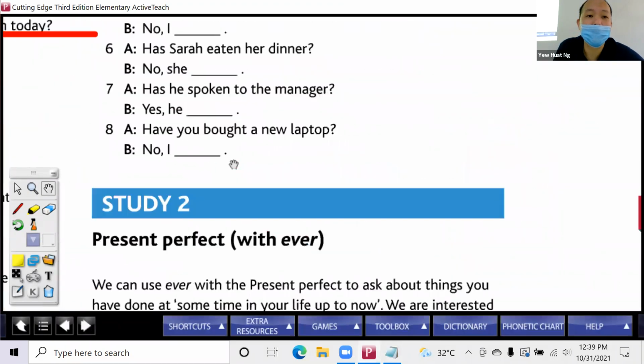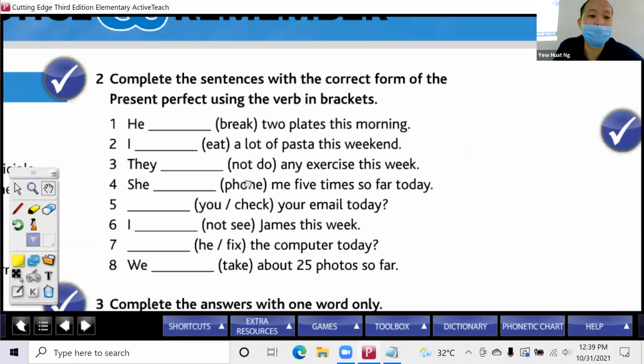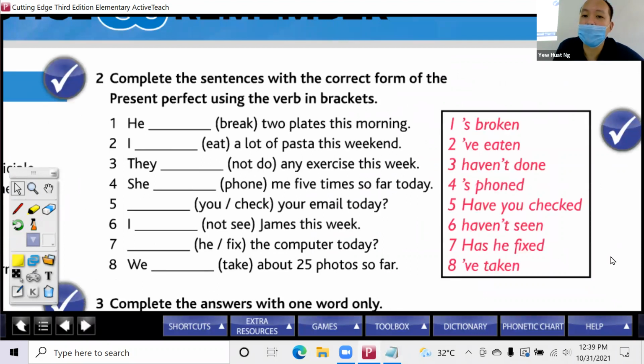The next one. How about this? Do you need me to explain this any here?